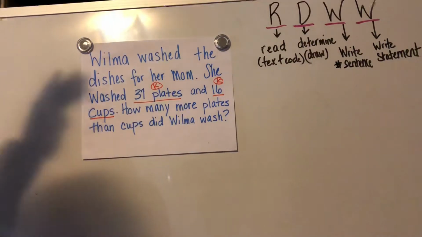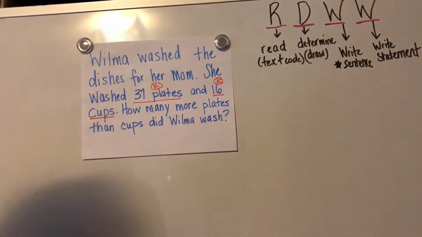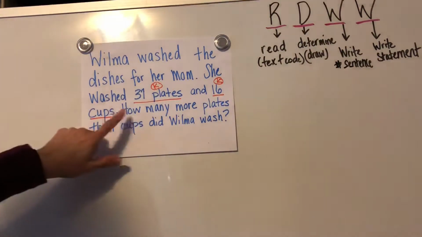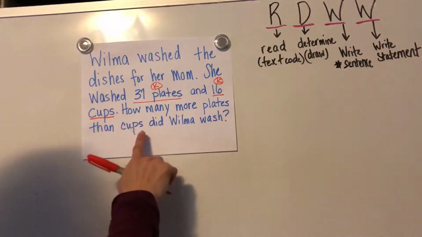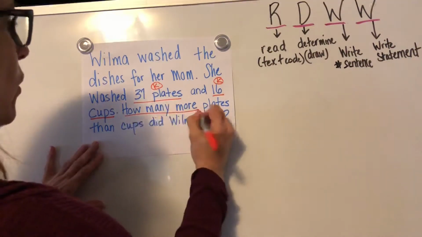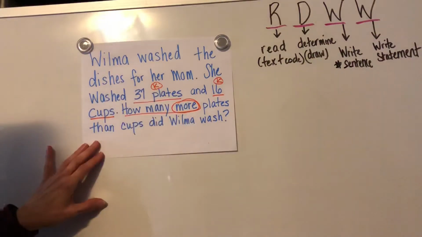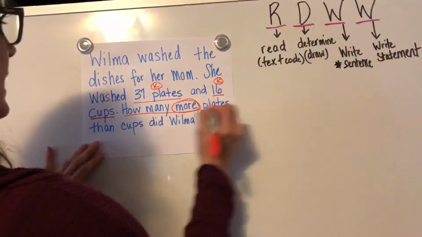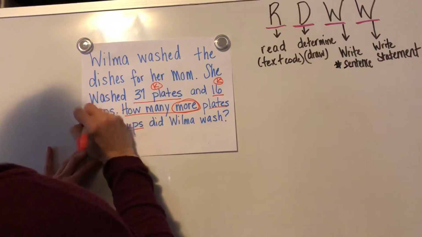So 37 plates, 16 cups. What do I want to know? I want to know how many more plates than cups did Wilma wash. I'm going to circle how many more, because this is really important, plates and cups. And that's my W.